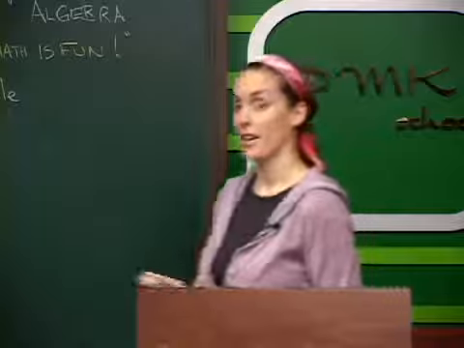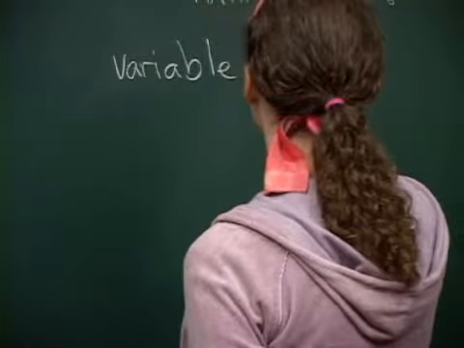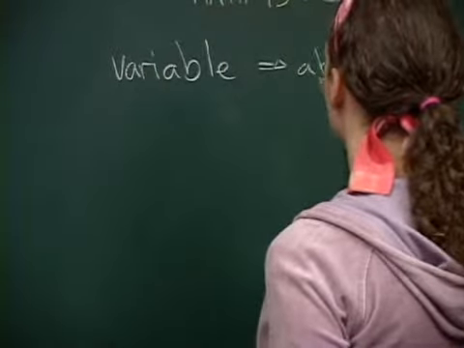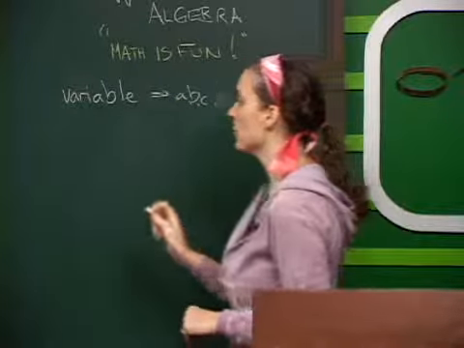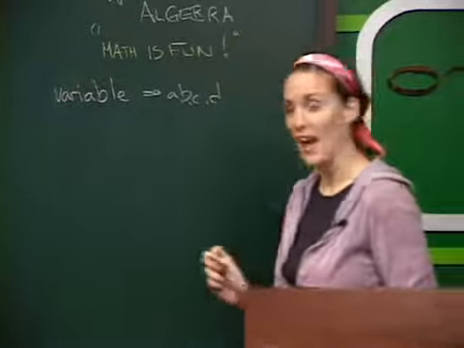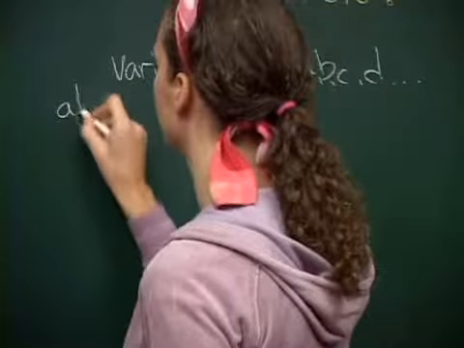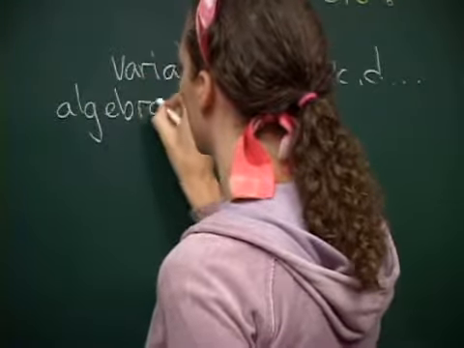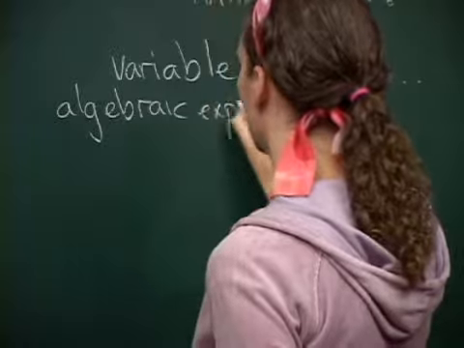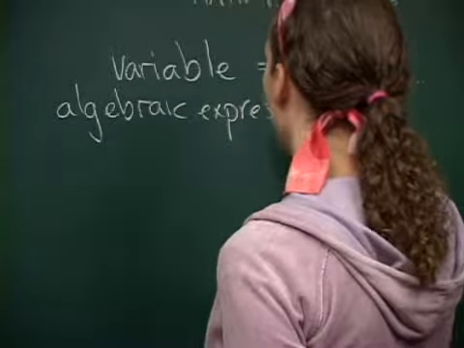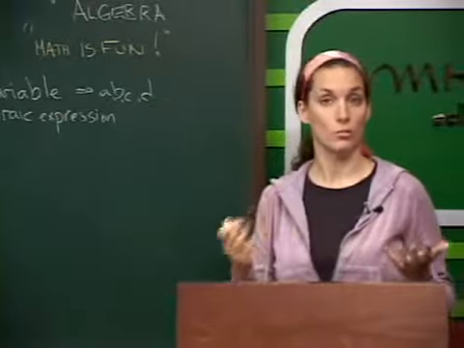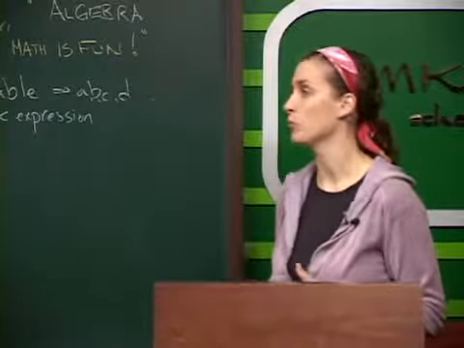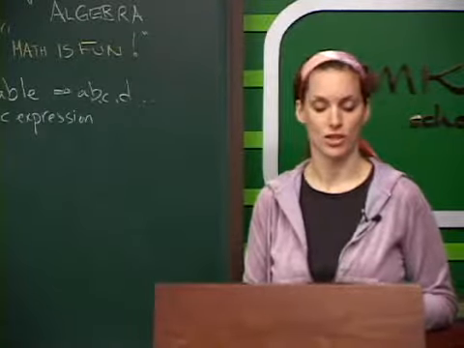The next part we're going to talk about is an algebraic expression. An algebraic expression is just a combination of one or more numbers as well as one or more variables and arithmetic operations.